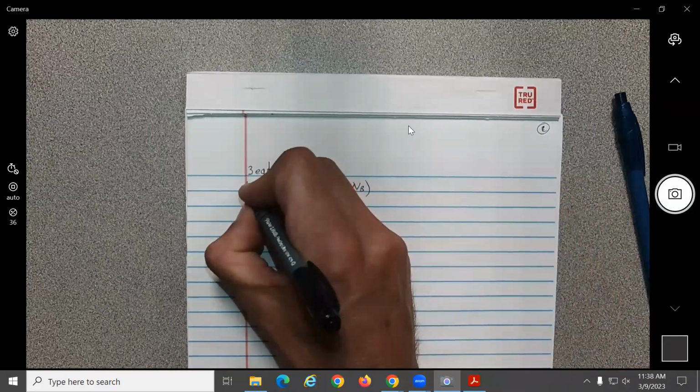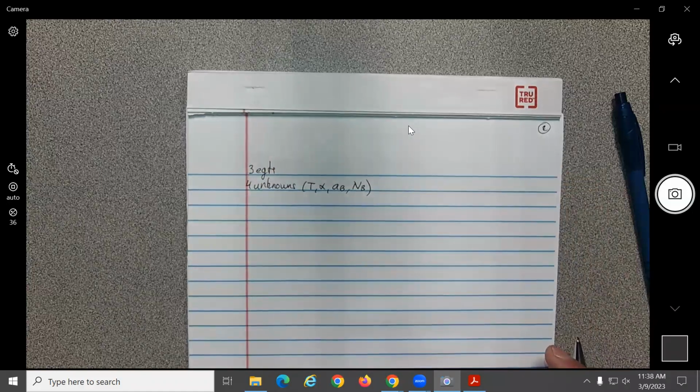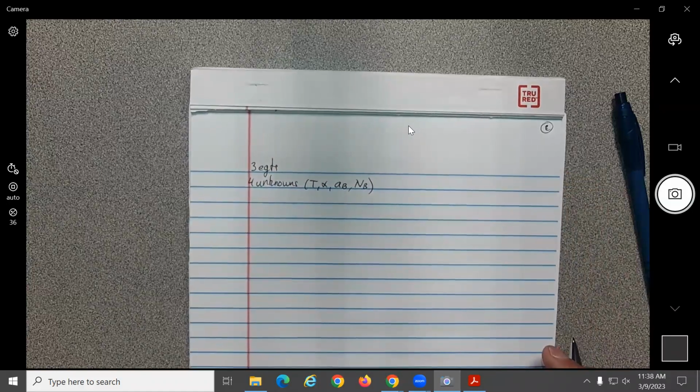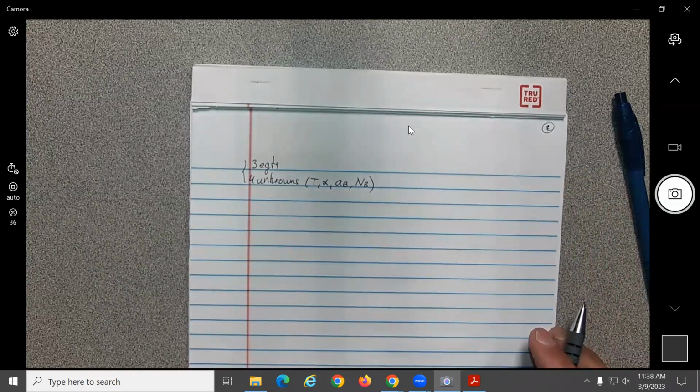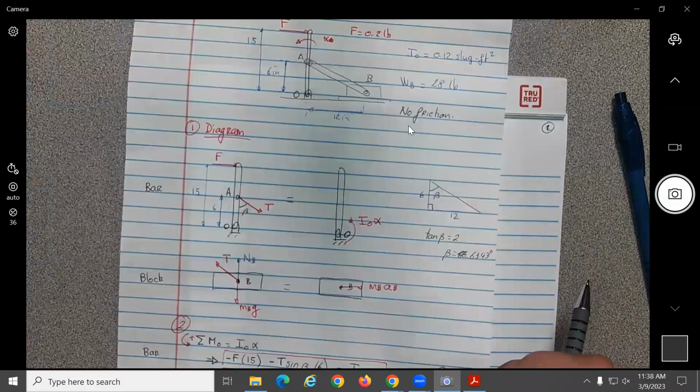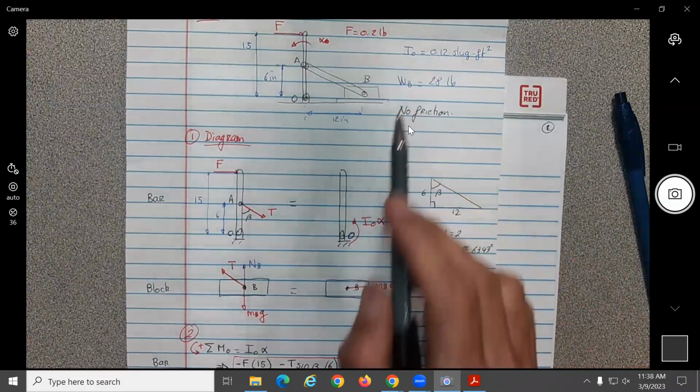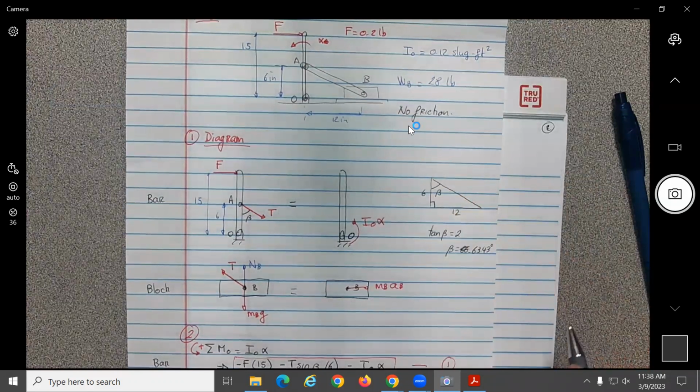So it looks like there are 4. Yeah, we know the mass. No, I put it here as we know the weight W_B, no? Okay.